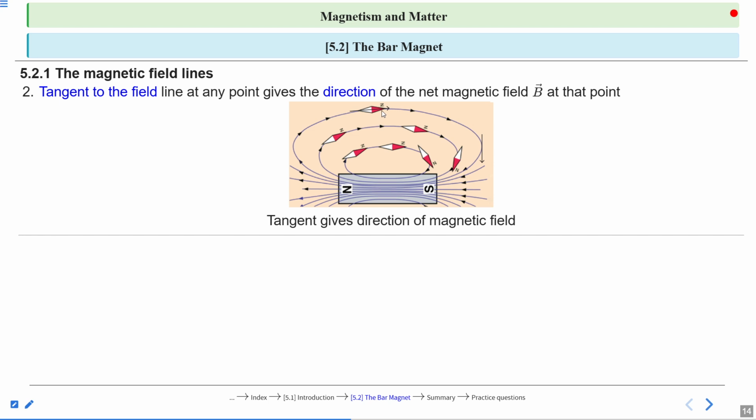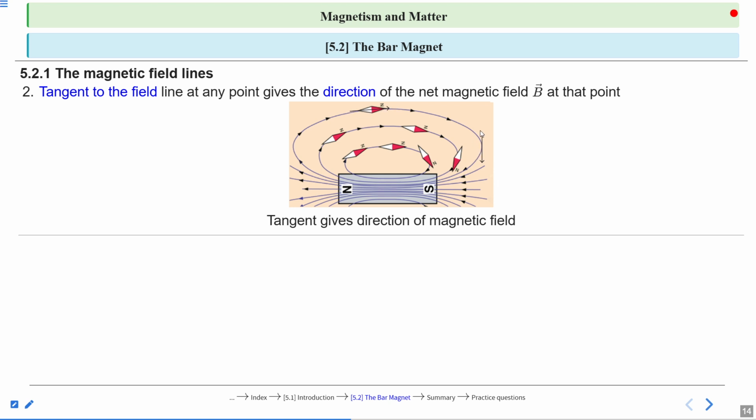Similarly, you can see on the uppermost magnetic field line there is a magnetic needle and the tangent is also shown. If we place a magnetic needle at that point, it will align like this, where the shaded part is north. The north of this magnetic needle will align in the direction of the magnetic field at that point, and the magnetic field direction can be given as the tangent at that point.